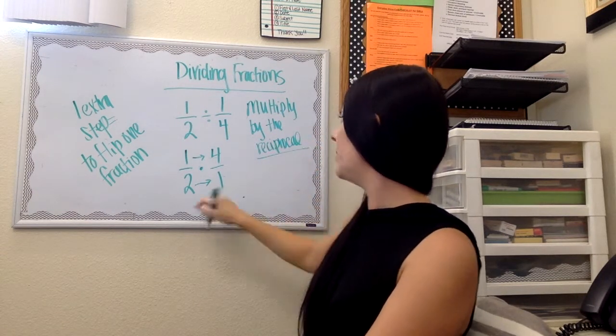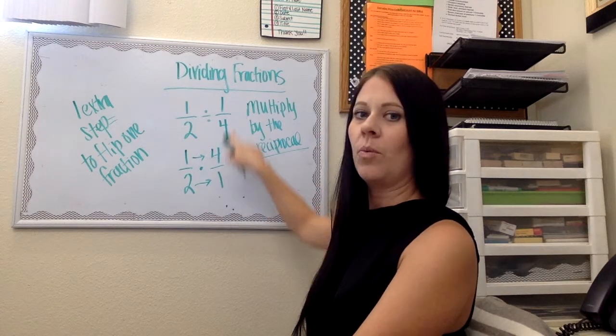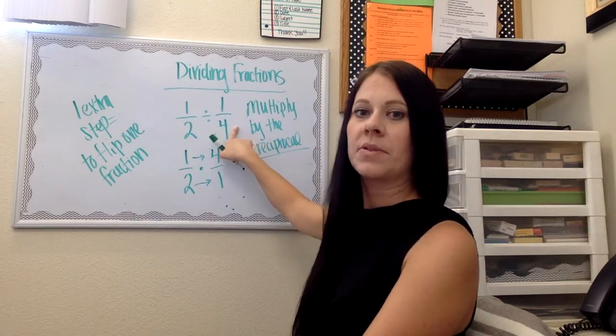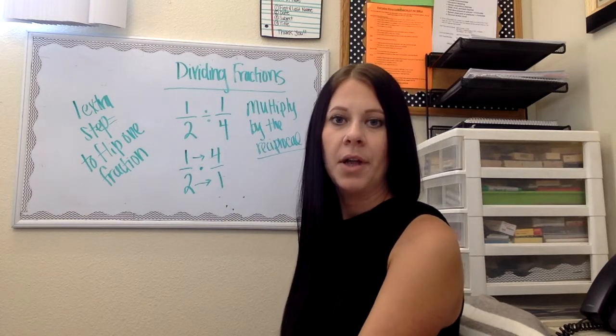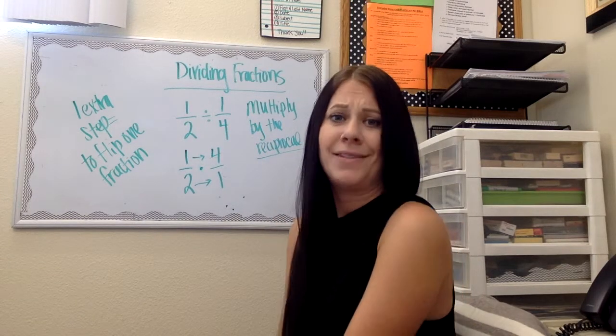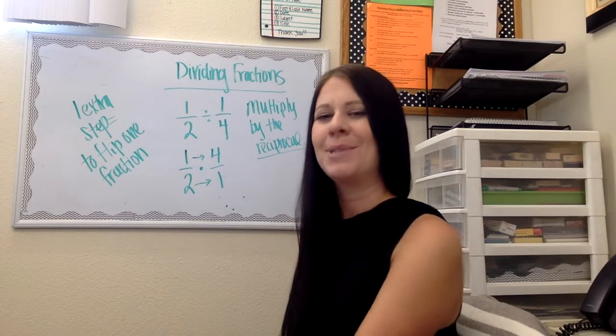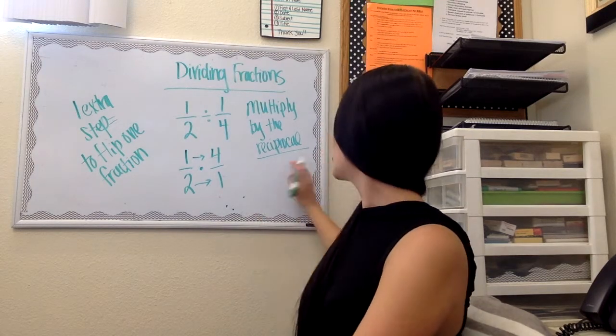And the reciprocal means the flipped version. 1/4 is the reciprocal of 4/1, and 4/1 is the reciprocal of 1/4. So you're really multiplying in a division problem. I know, it's crazy, but you are, okay? So, go straight across.